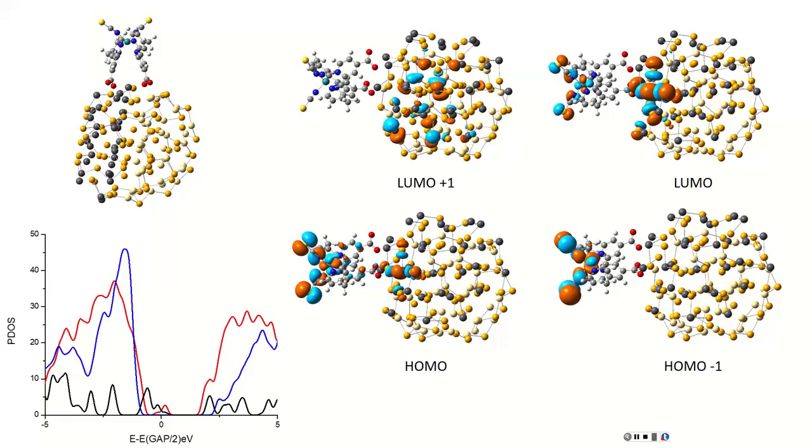So we have HOMO -1, HOMO, LUMO, LUMO -1, and then the band gap, just to show. HOMO and LUMO, you'll find electrons on both the dye and the quantum dot, which shouldn't be happening.